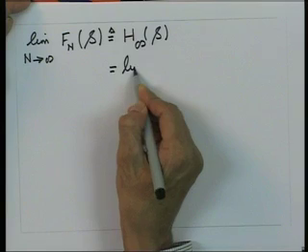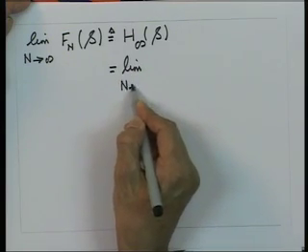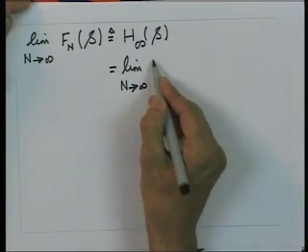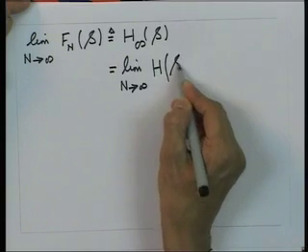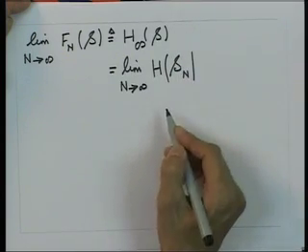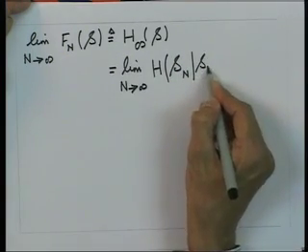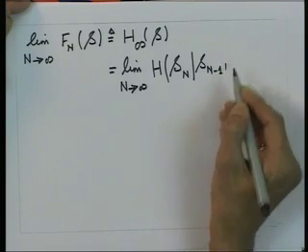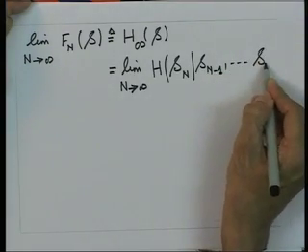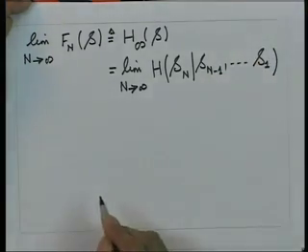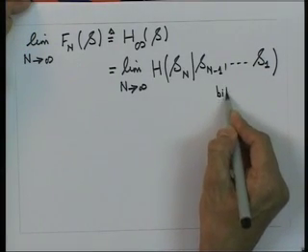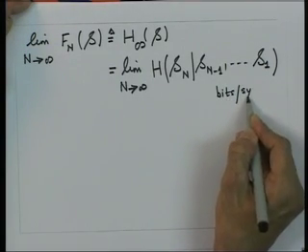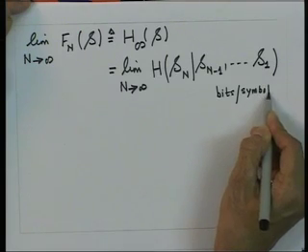This is nothing but the limit as n tends to infinity of the additional information of Sn given that n minus 1 preceding symbols have been observed, in bits per symbol.